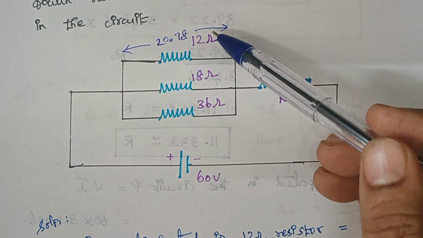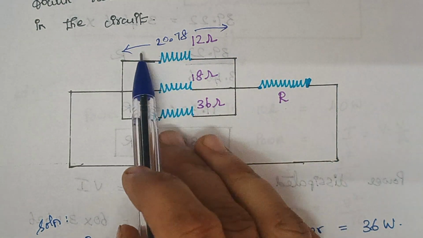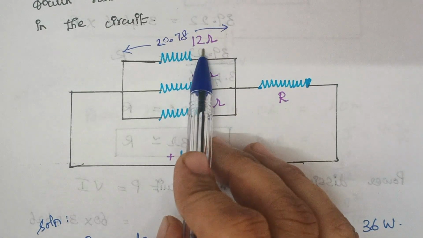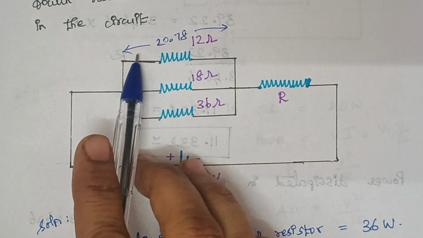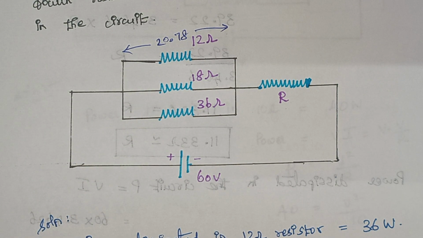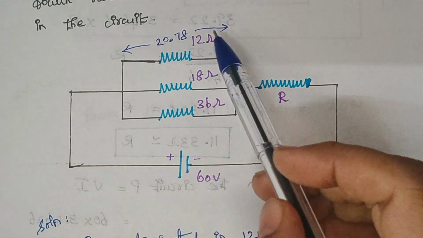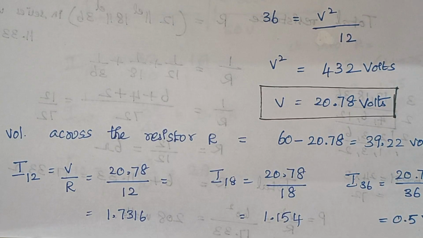Therefore the voltage impressed across the resistors will be the same. We know the voltage, we know the resistance, so by using Ohm's law, we can calculate the current which flows through all these three resistors. Now we are going to calculate the current flowing through this 12 ohm, this 18 ohm and this 36 ohm.